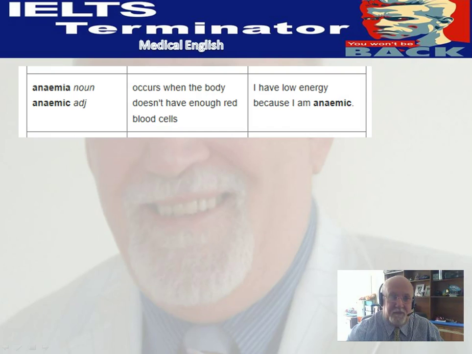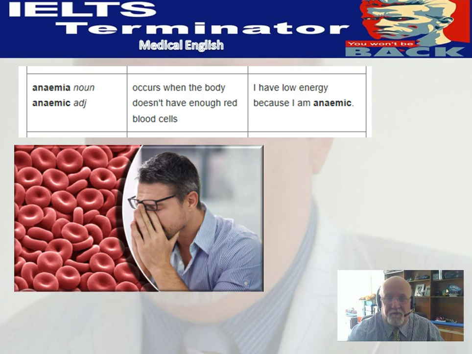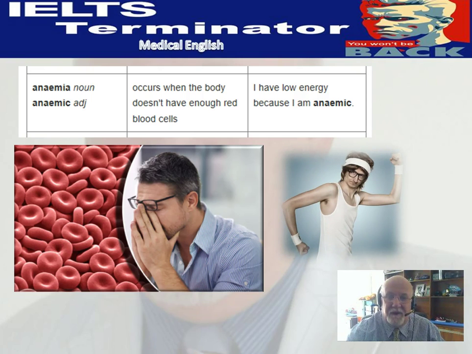Amputation, amputate. Anemia, a noun, a condition. Anemic is the adjective. This is a condition that occurs when the body doesn't have enough red blood cells. We might say, for example, I have low energy because I'm anemic. Anemic. I have anemia.